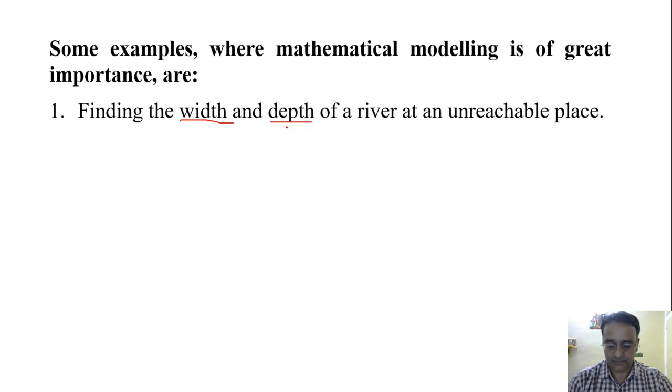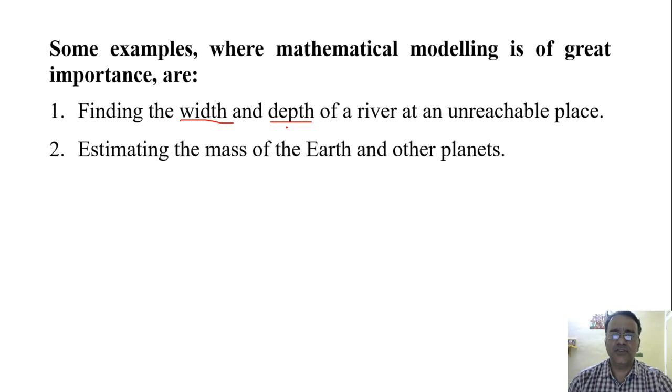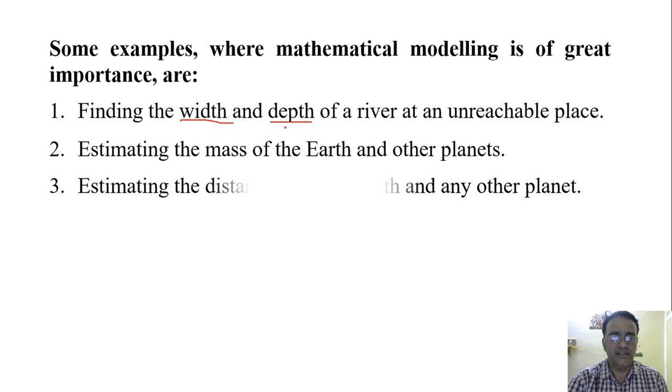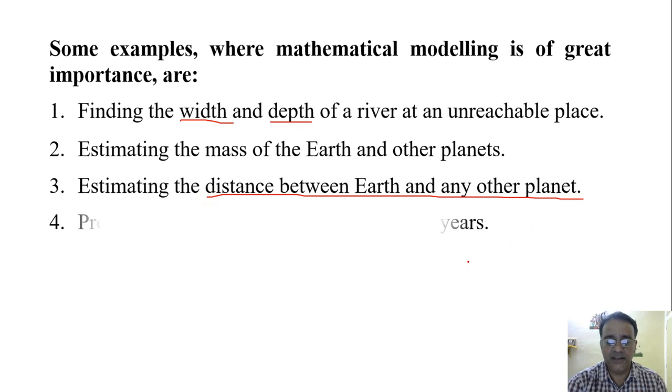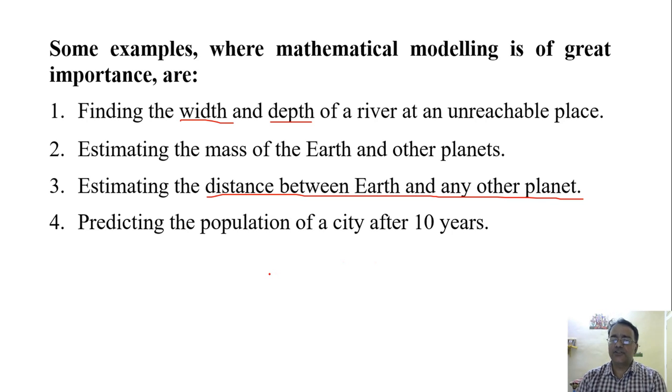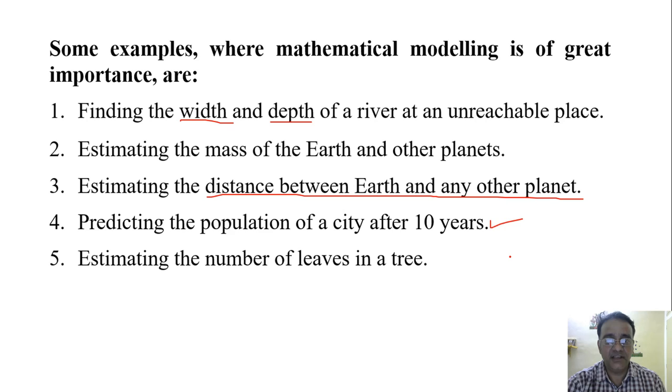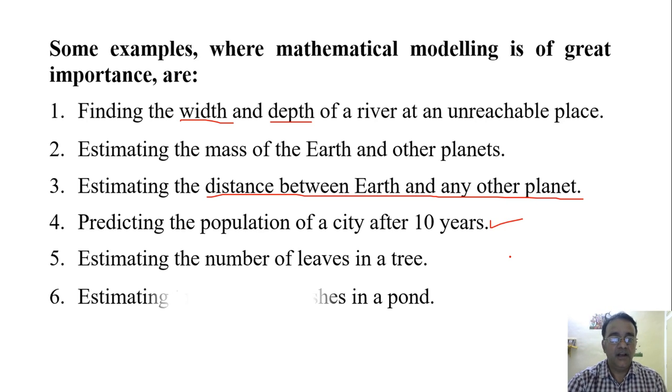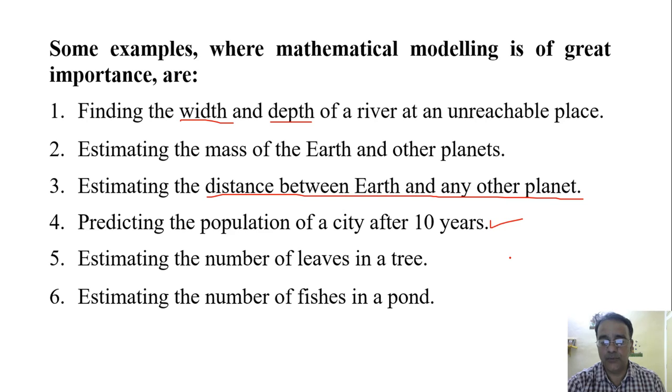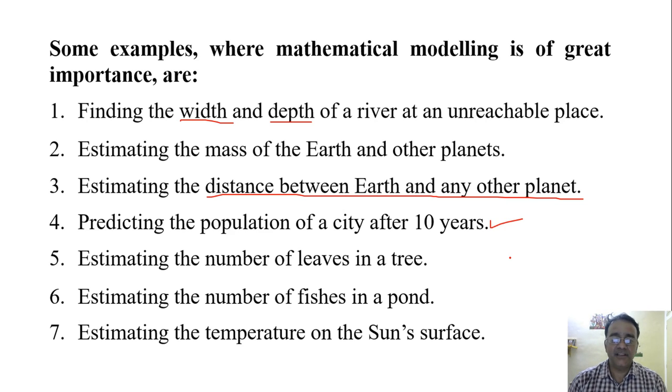Second, estimating the mass of the Earth and other planets, estimating the distance between Earth and other planets, predicting the population of a city after 10 years, estimating the number of leaves in a tree, estimating the number of fishes in a pond, and estimating the temperature on the sun's surface. These are a few examples where mathematical modeling is of great importance.